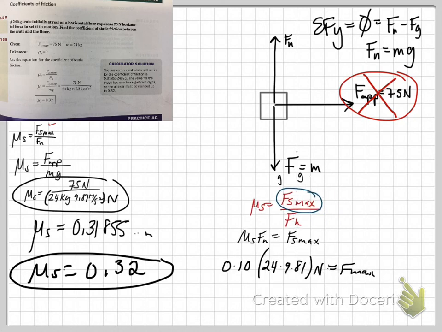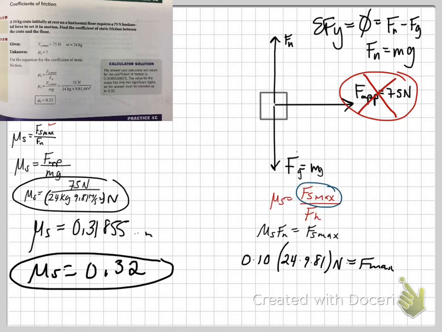If we look at that, it's actually fairly linear. It would actually be 24 newtons equal to Fs max. We basically cut the coefficient of friction to a third, and lo and behold, the force required to move the box would be roughly a third of the original force needed.